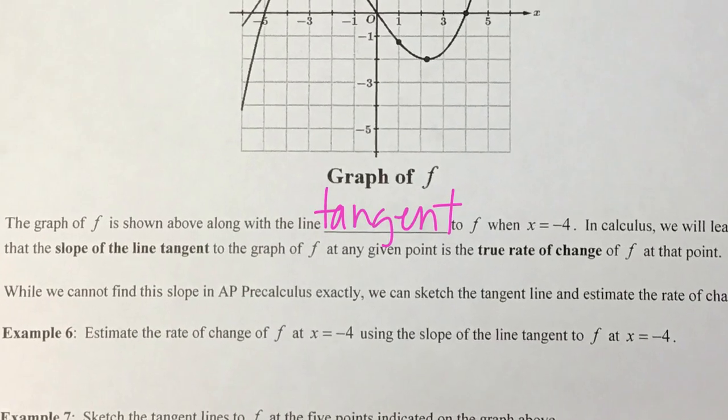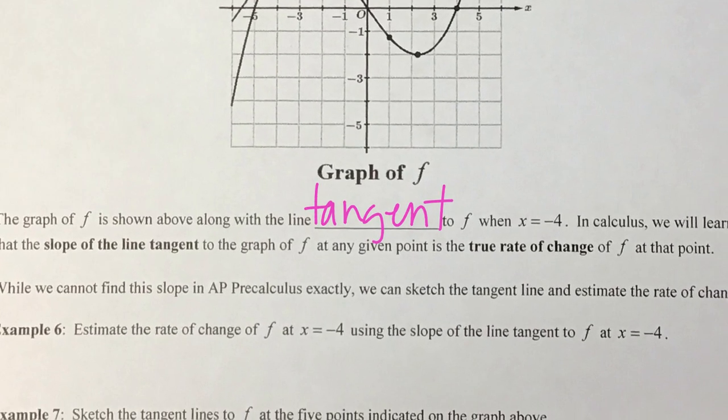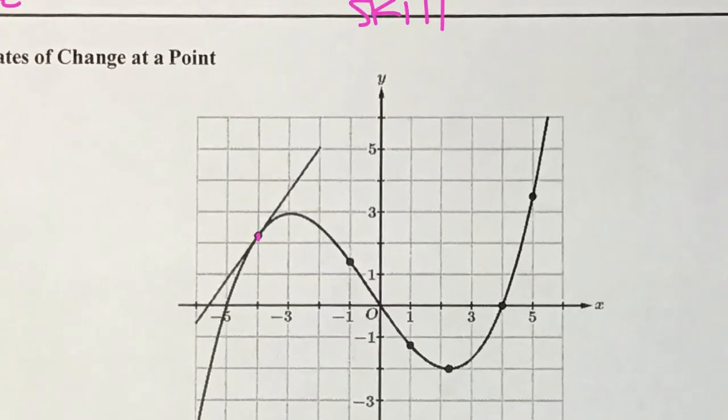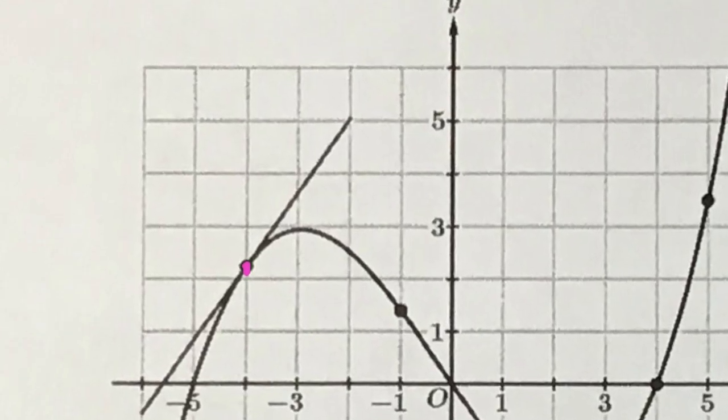So we can't find the slope exactly, but we can estimate it. What would you say about the rate of change at -4? In other words, what is the slope of this line? Maybe we're going to say this is a point, and we figure out the rise and the run. How many do we go in the y direction, and how many in this direction?